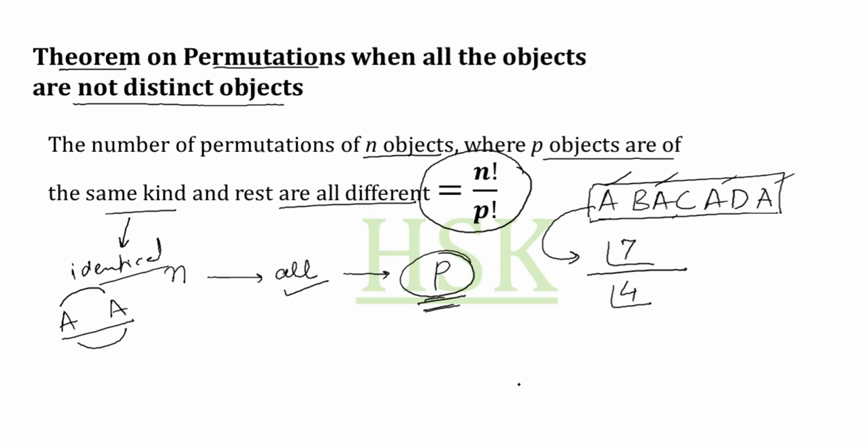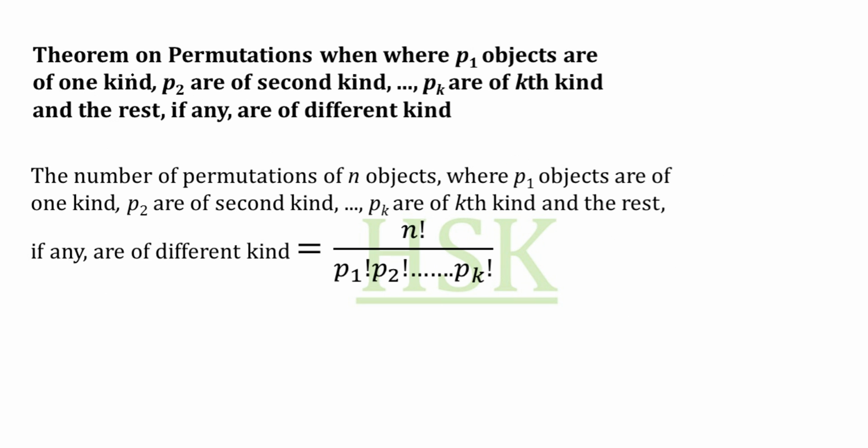Theorem on permutations when P1 objects are of one kind, P2 objects are of second kind, Pk objects are of kth kind, and the rest, if any, are all of different kind. This theorem is the extension of the previous theorem, and in this there is repetition of more than one object.